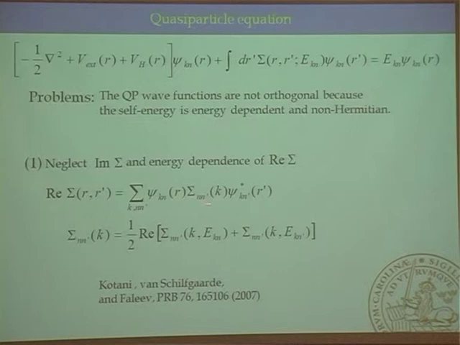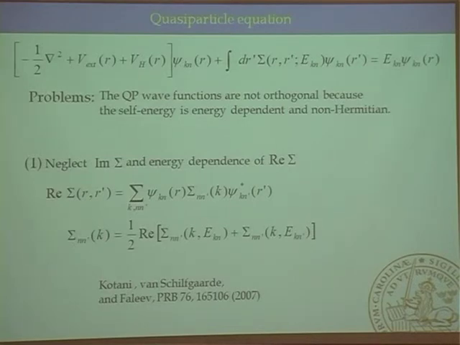And these matrix elements of the self-energy are then taken to be some kind of average of the self-energies at two energies, n and n prime, for a given k. So this is done in this paper here. This provides a kind of recipe for performing self-consistent calculations at the quasi-particle level.